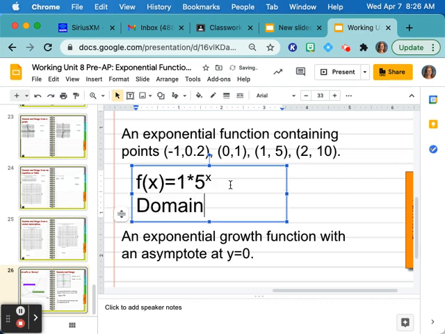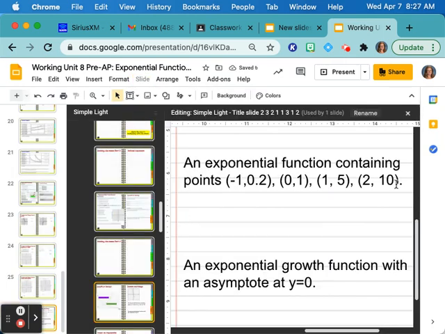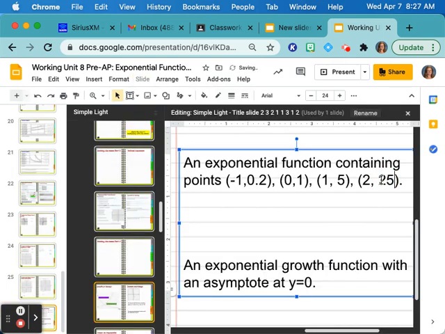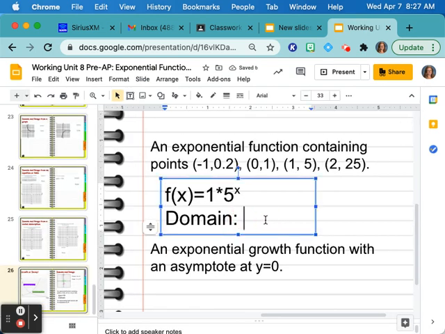Our domain is all real numbers, from negative infinity to positive infinity.